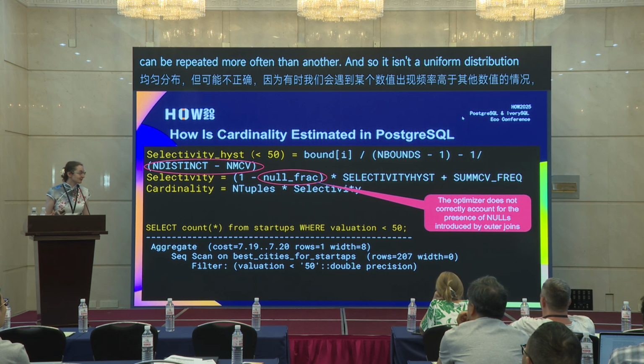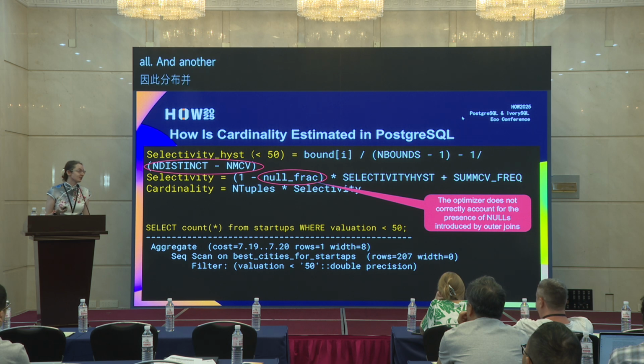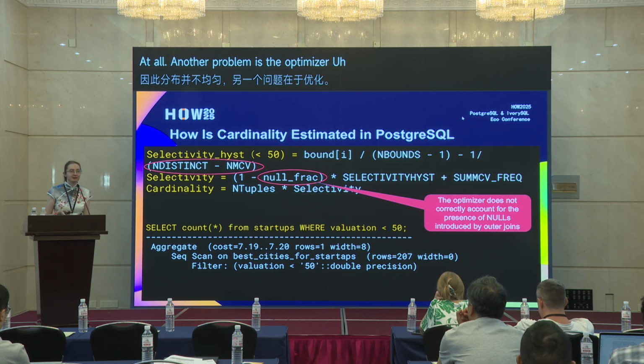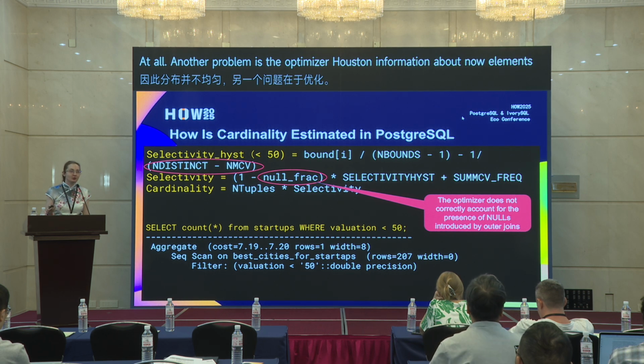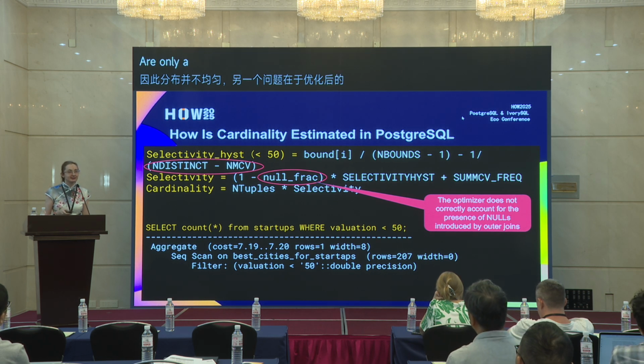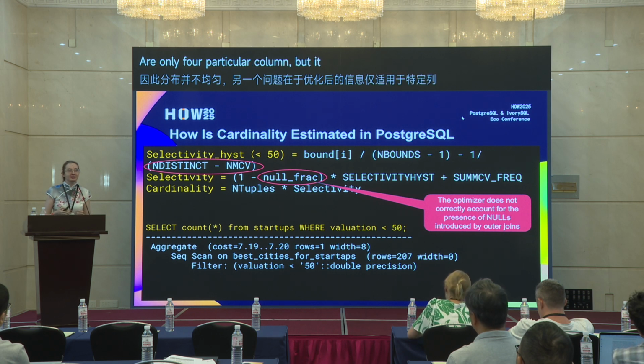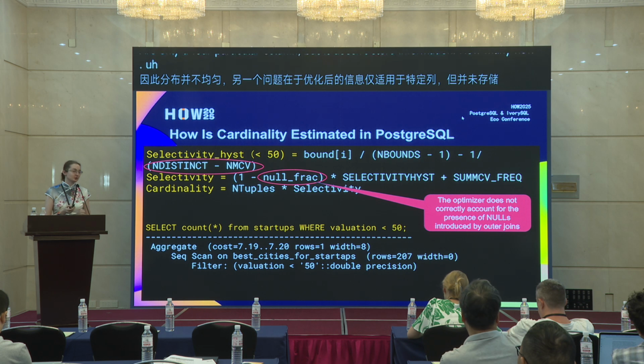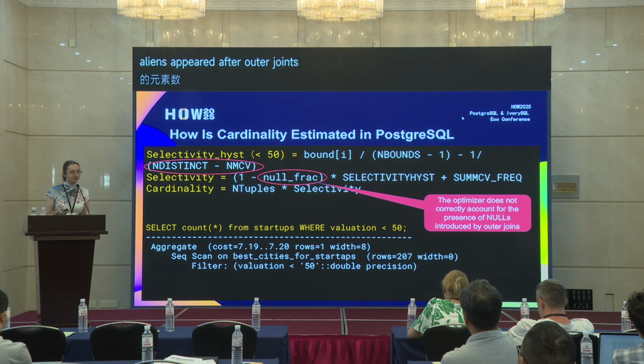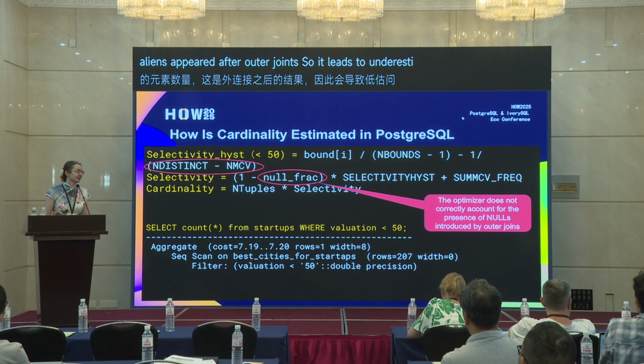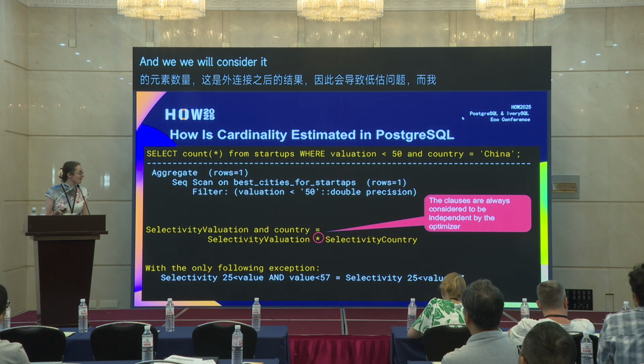And another problem is the optimizer used information about null elements only for particular column, but it doesn't store information how many null elements appeared after outer joins. So it leads to underestimation problem, and we will consider it on examples.